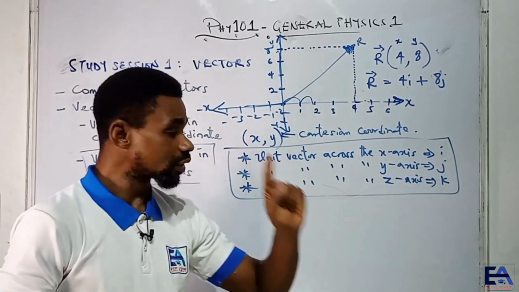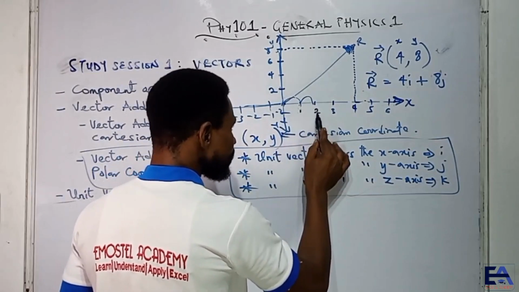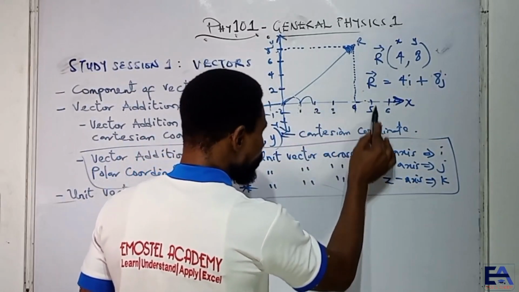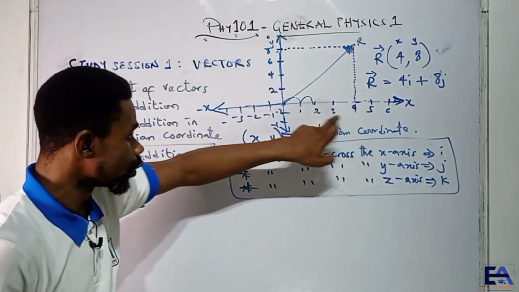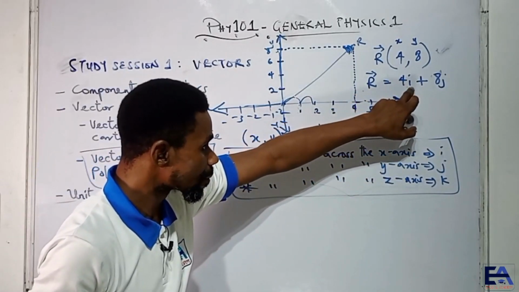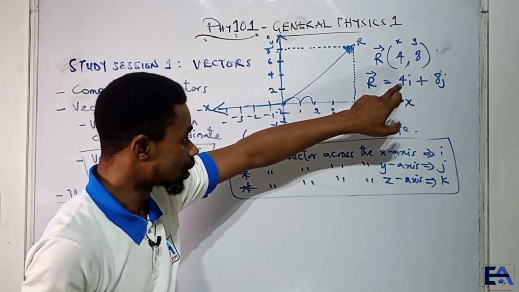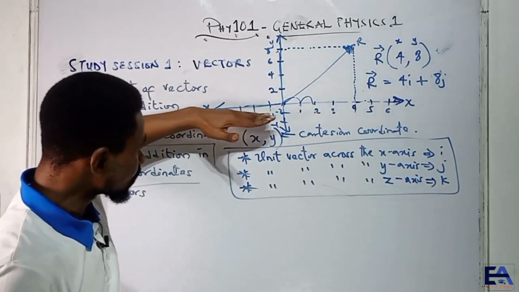The magnitude of the unit vector is 1. So I take 1 unit, and then I took this vector covers up to 4 units across the x-axis. That is why we have 4i. The magnitude is 4. Okay, so the direction is this.